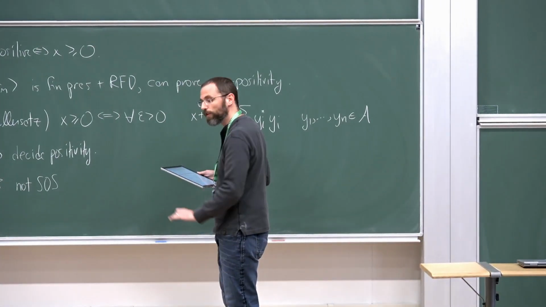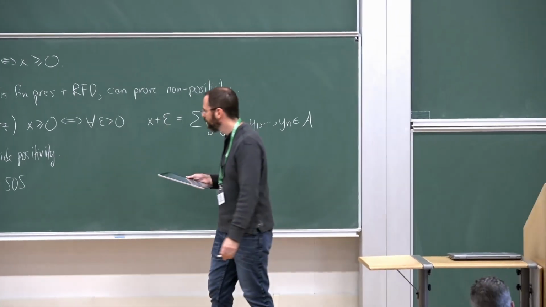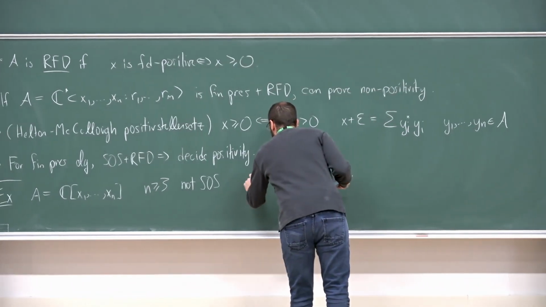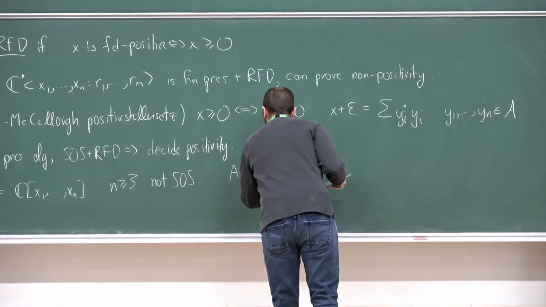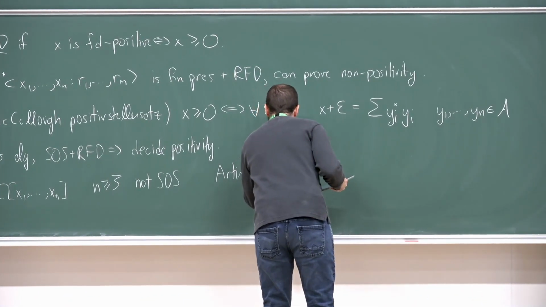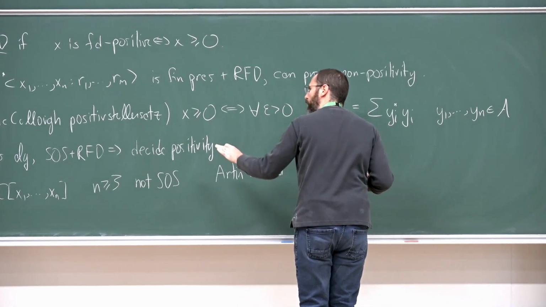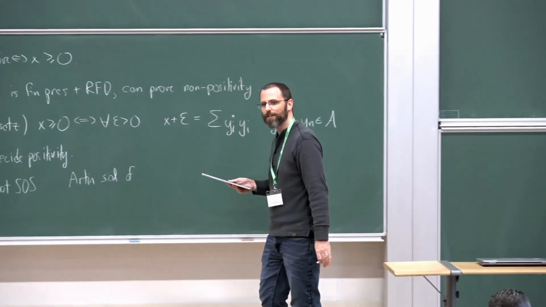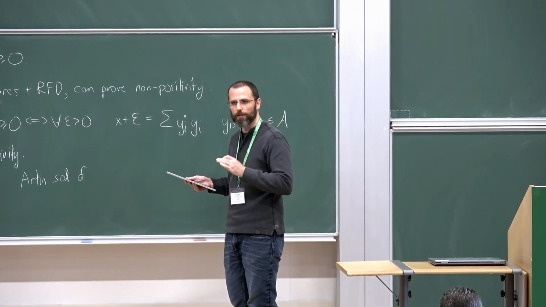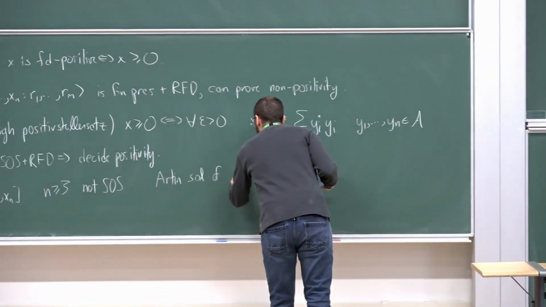But then Artin's solution of Hilbert's 17th problem is that you can always write every positive polynomial as a sum of rational squares.